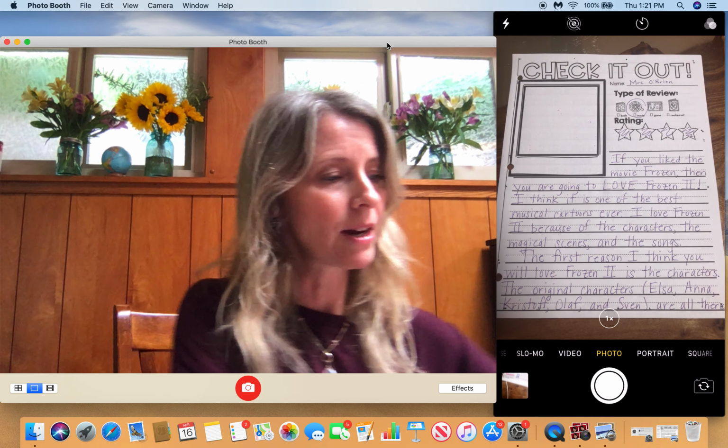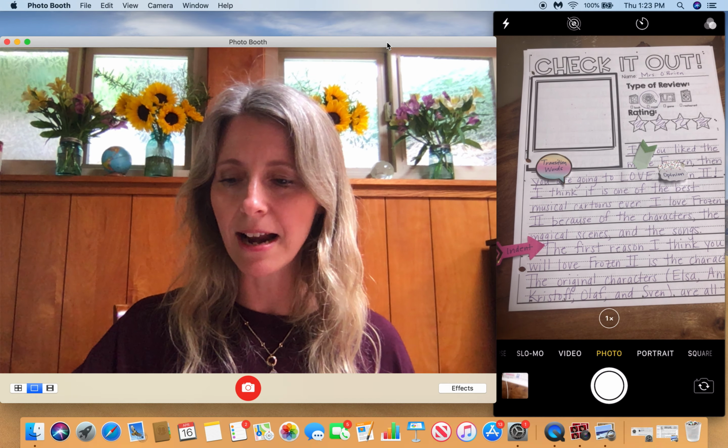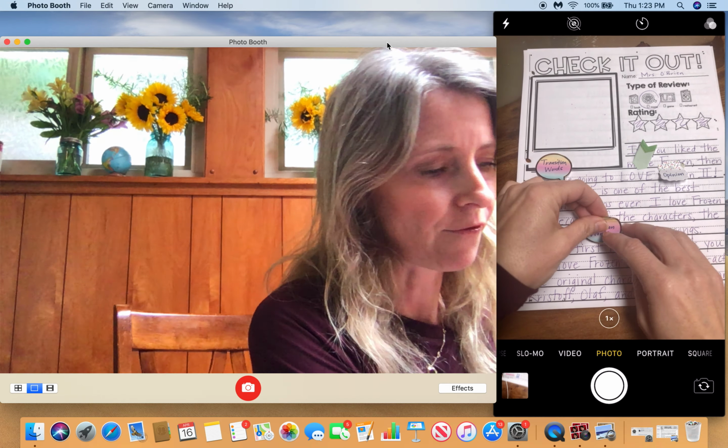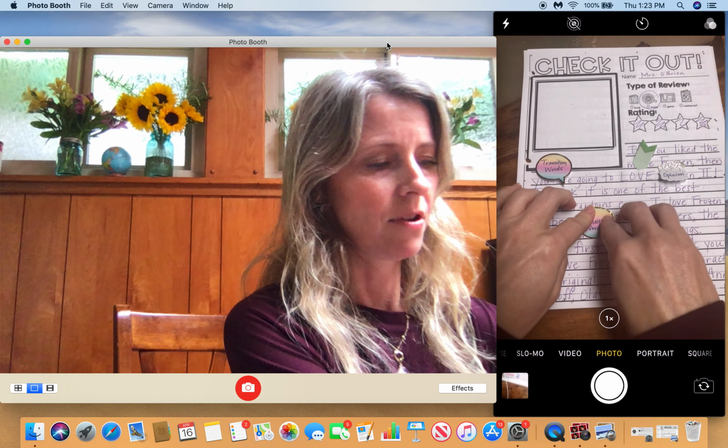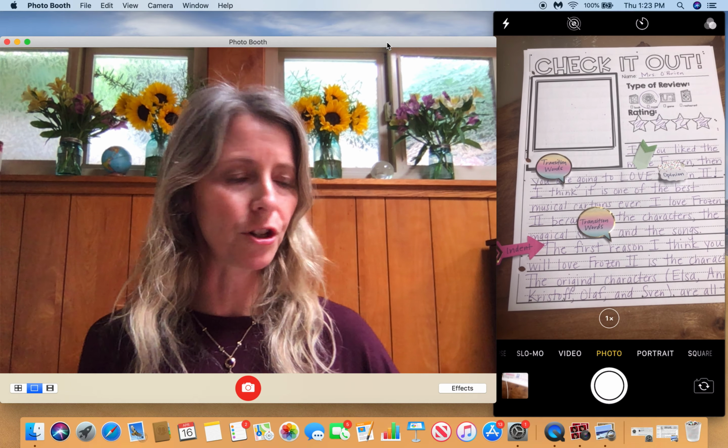Did you notice I indented for a new paragraph? Did you notice any transition words? Let's point those out. Here is where I indented, right? That's where I left a little bit of space and started my new words. Do you see the transition word right next to that? The first reason. Okay, readers, this is the first reason that I really love Frozen 2.